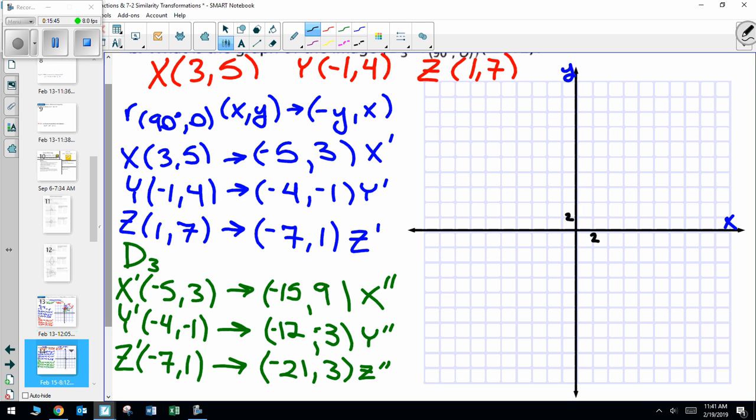The original one, 3, 5, is going to be my x coordinate. Y would have been at negative 1, 4. Z would have been at 1, 7.